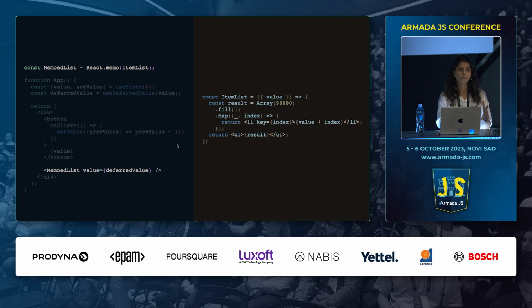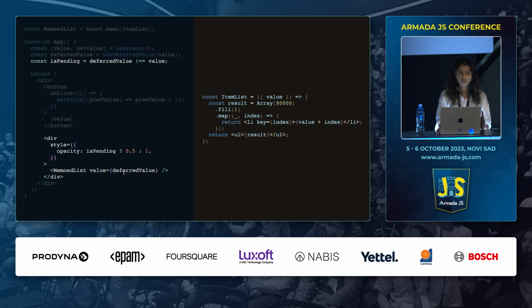We first stopped passing the same value and told React that this can wait. And second, we also had to memoize it, because we know that React will always re-render if the parent state is updated. In order to not update it, we need to use React.memo so that the component only re-renders when there is a change in props. So when the deferred value changes, only then will it update, which is at the end.